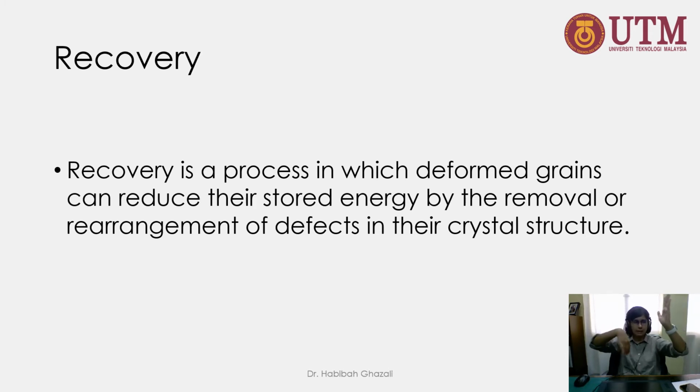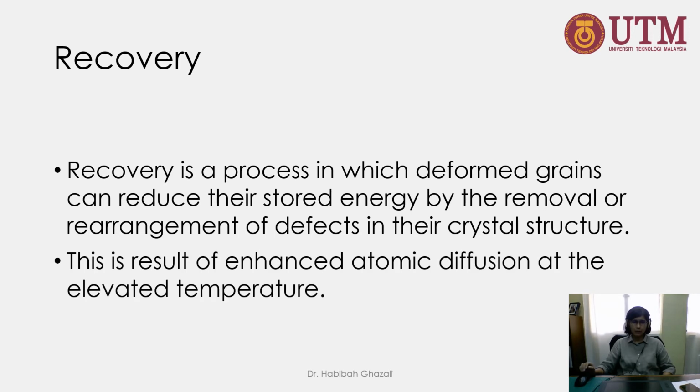When they have different configuration, they will create a perfect plane when they start to interact. So there will be a removal of dislocation during this process. And because they are mobile, they can also rearrange themselves. This is what happens during recovery. This will result in enhanced atomic diffusion at elevated temperature.